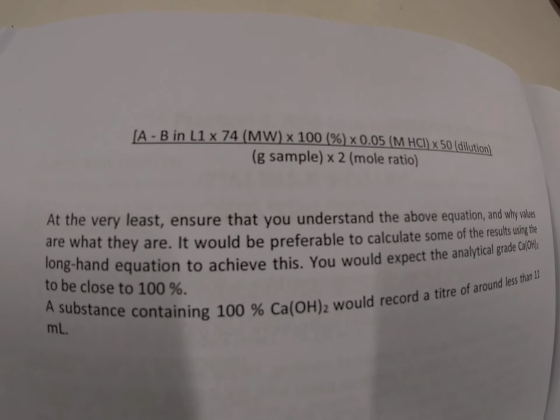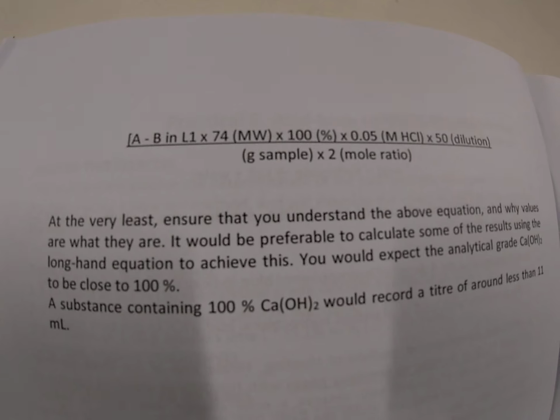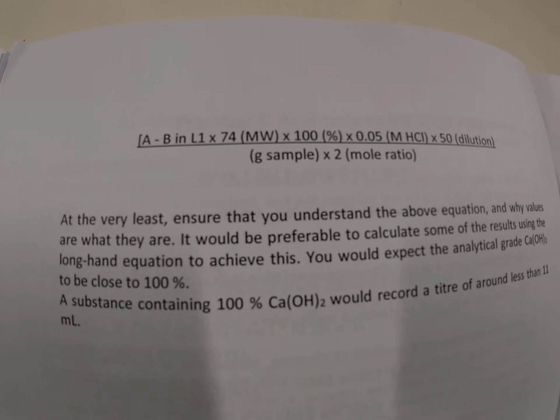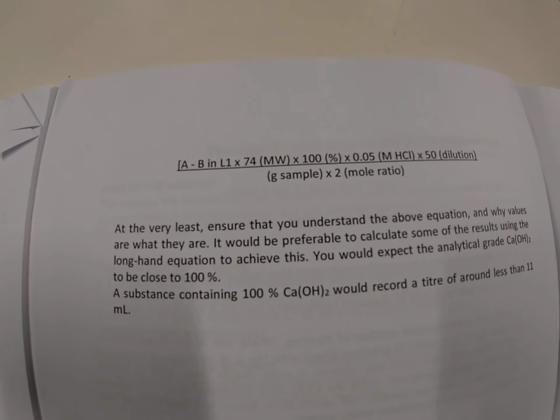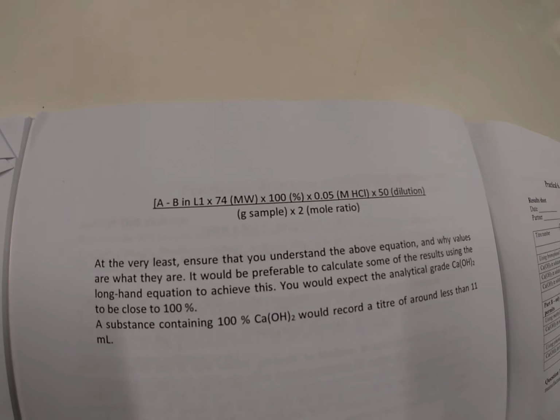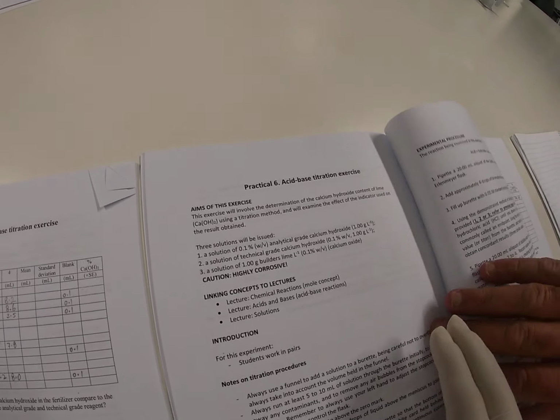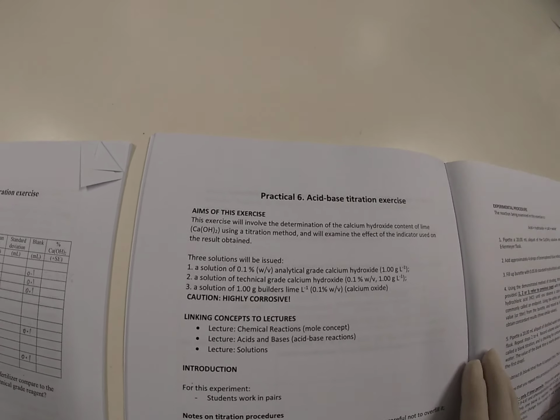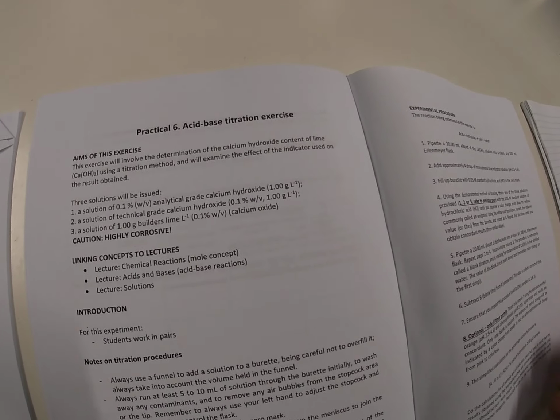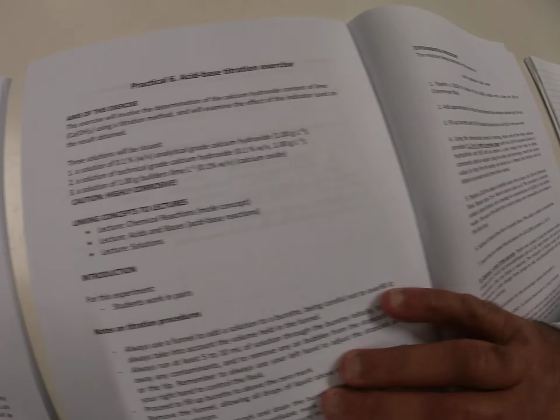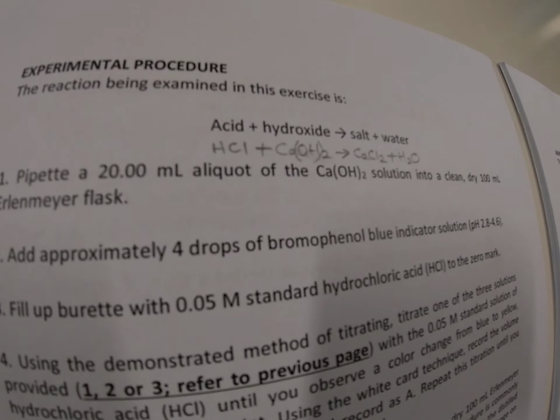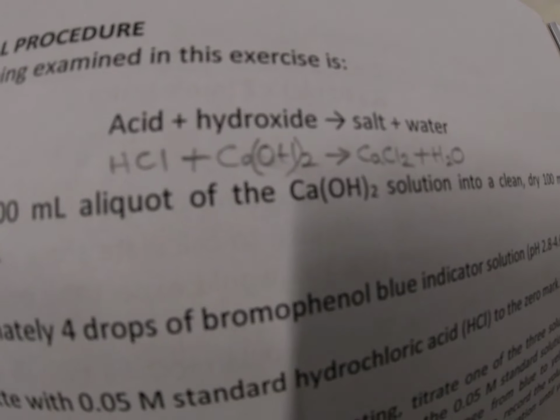And then we divide that by the grams of sample, which in this case would be 1 gram in a litre, times our mole ratio. That's because, based on this equation shown here, there are actually... And this is not balanced.